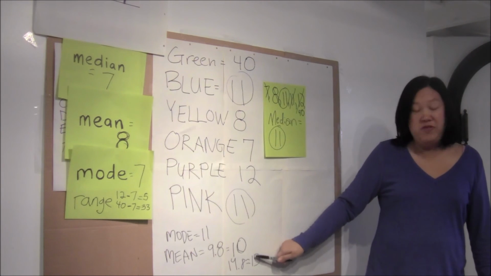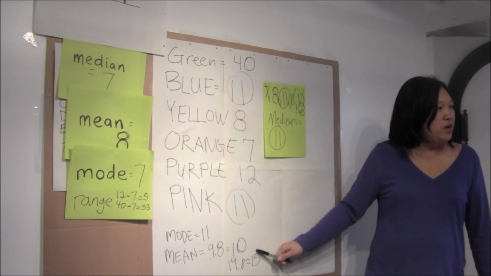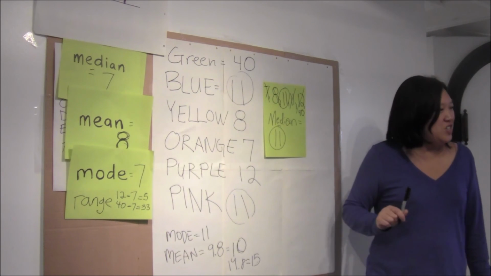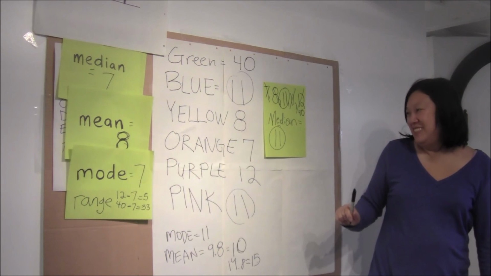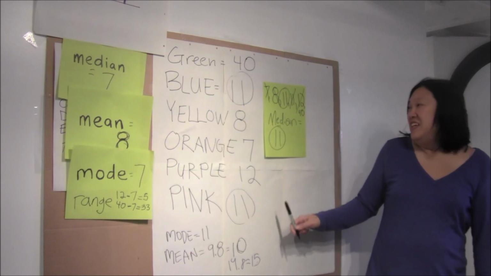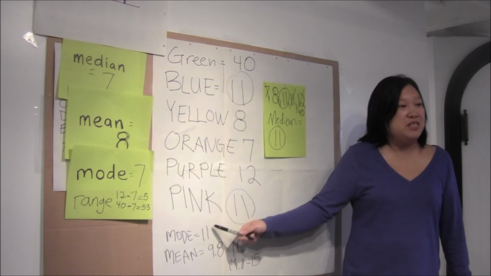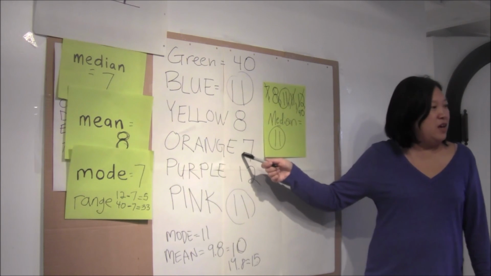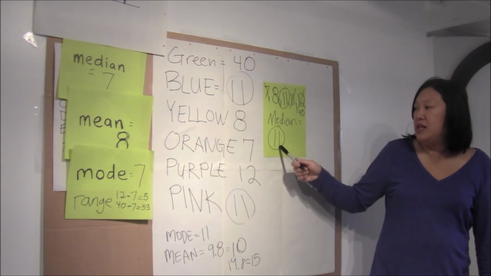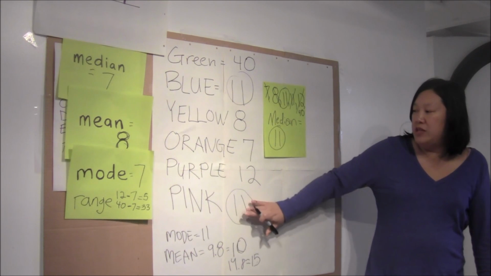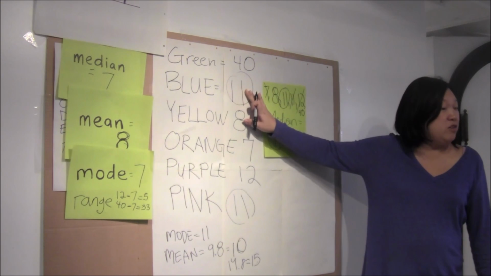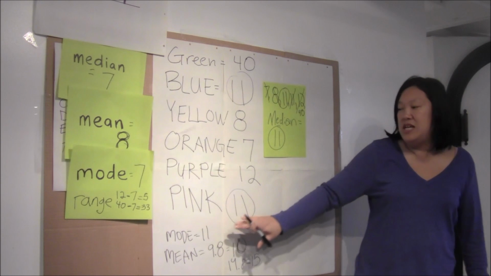So 15 might not be the one that we want to give. Yes, Asia. The median. Or even the mode, because they're both the same. So in this case, the number that I would give would be 11, because not only did pink and blue actually create 11, but that is the median and the mode.